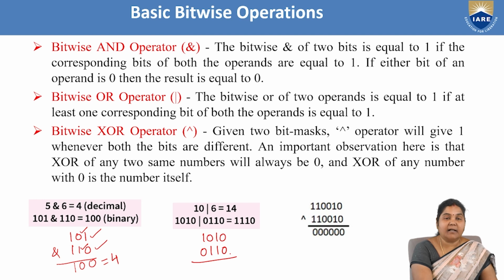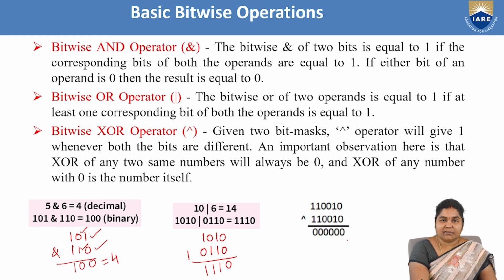Whenever you apply the bitwise OR operator, where both the bits are 0, the output will be 0. Where both the bits are 1, the output will be 1. Where one bit is 0 but the other bit is 1, the OR gate says that the output will be 1. And 1, 0 will give you 1.